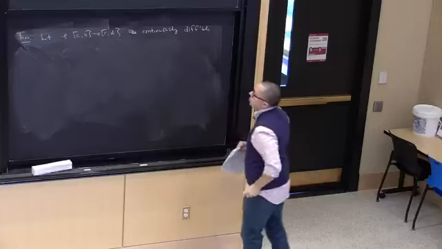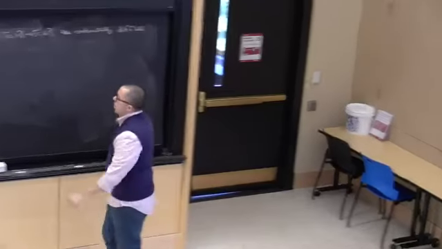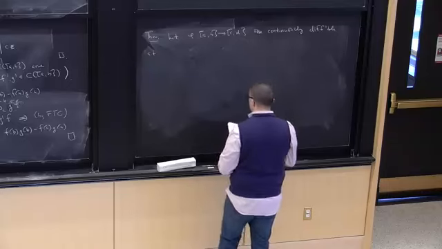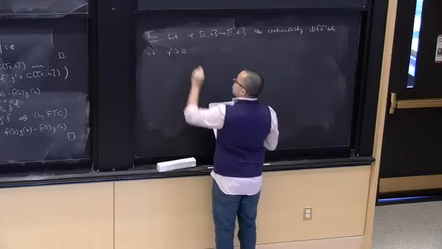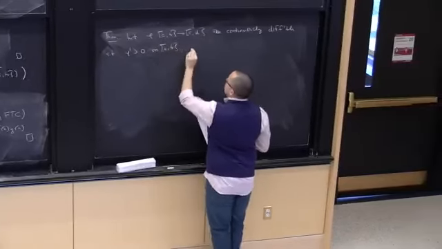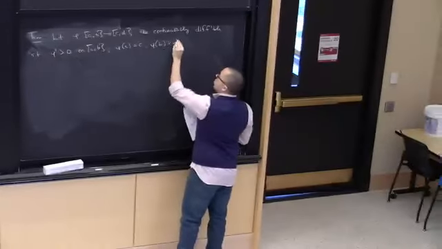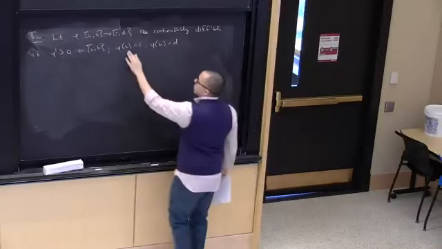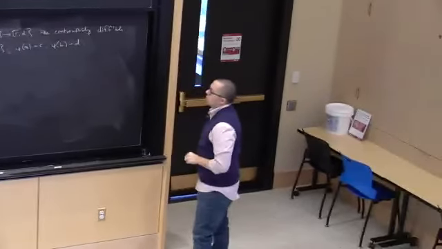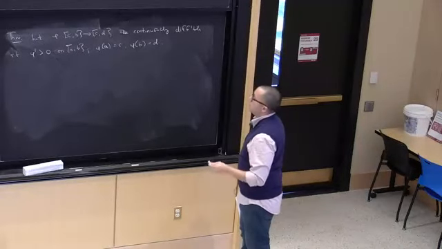So this means the function is continuous and its derivative is also continuous, with the property that the derivative is positive on [a,b], phi of a equals c, phi of b equals d. So you can think of phi as being a change of variables from [c,d] to [a,b].